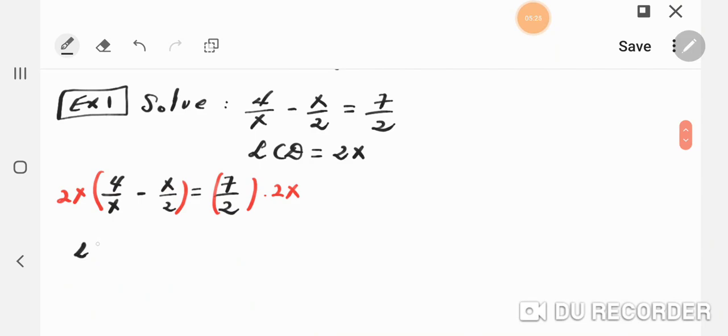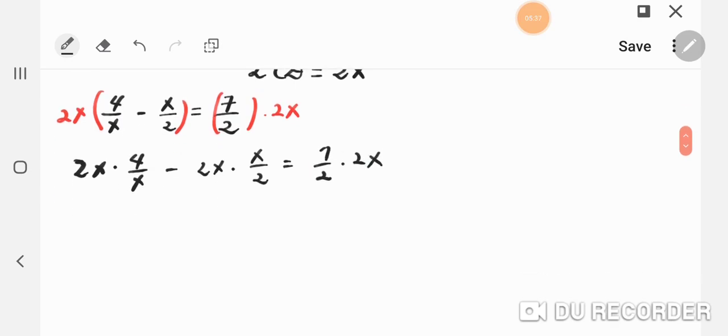Then 2x times 4 over x, minus 2x times x over 2, and 7 over 2 times 2x. Then simplify this equation. We can cancel out x, so this will be 2 times 4 is 8, minus x squared, 2 cancels out, so 7x.